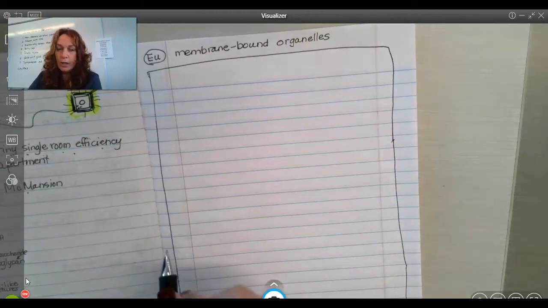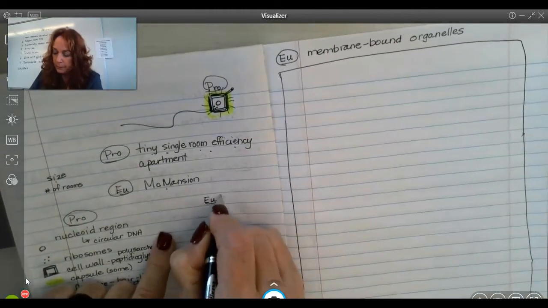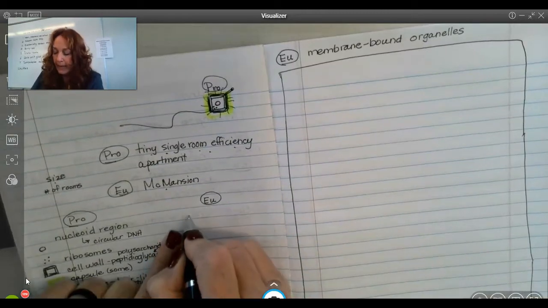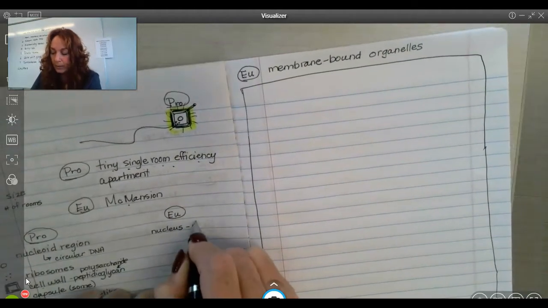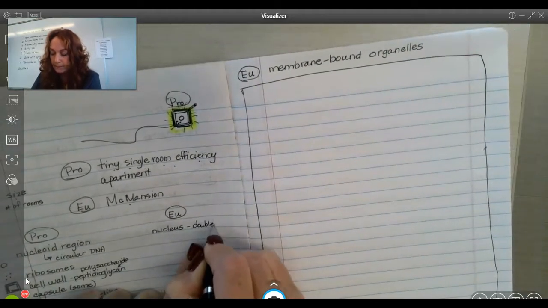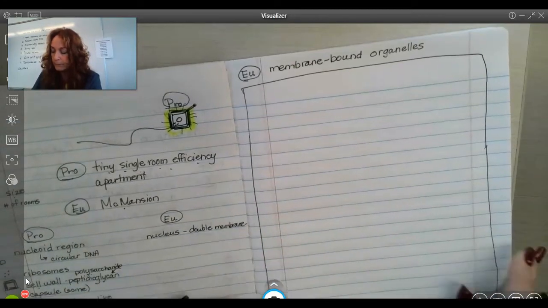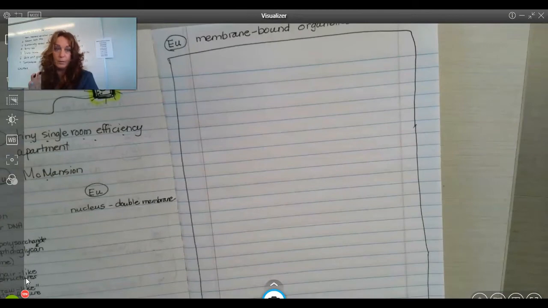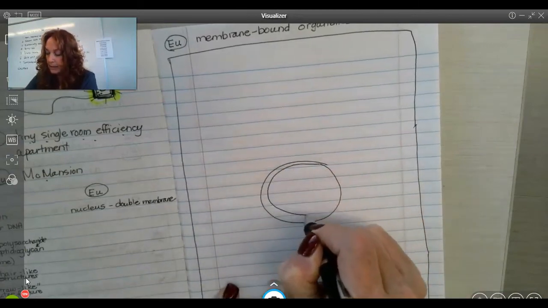So eukaryotic cells have, so we come over here, put them in there. They have a nucleus that has a double membrane. So I have plenty of room, I'm going to draw them. So you've got a nucleus that has a double membrane.